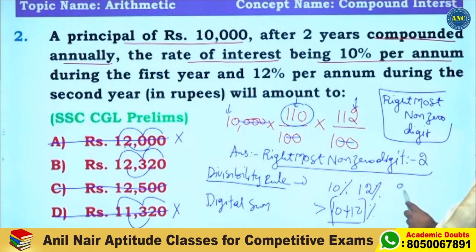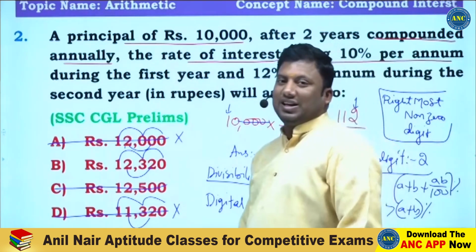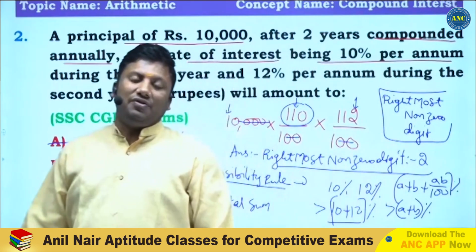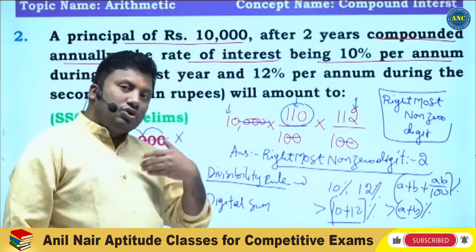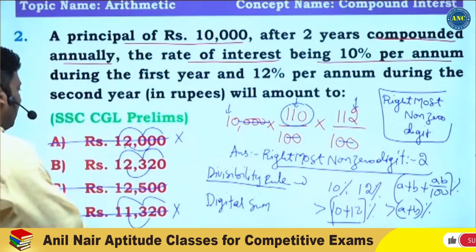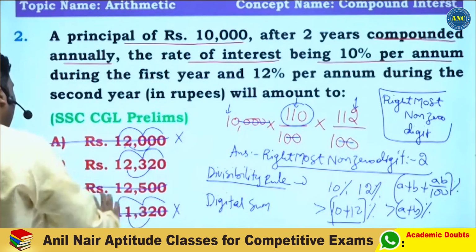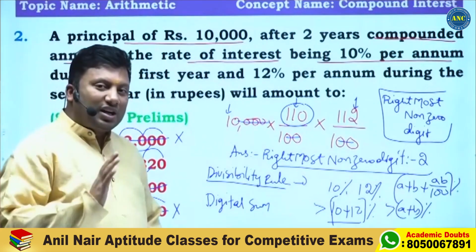A plus B plus AB by 100 percent is always greater than A plus B percent. So the answer is always greater than 22 percent. 22 percent of 10,000 is 2,200. On 10,000, adding 2,200, the answer should be greater than 12,200. The first option is eliminated, the fourth option is eliminated, so the only option is B. I hope it is clear.